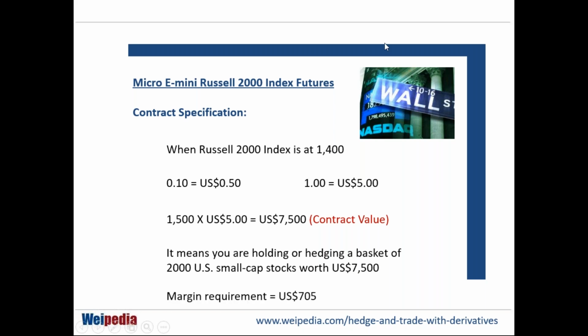It states that you have to come in with $7,500 to pick up 2,000 shares worth $7,500, but you do not have to. You can put in $705 as a margin to participate in the $7,500 worth. Of course, if you want to do it, you can, but I will not recommend it because you're trading very thinly.